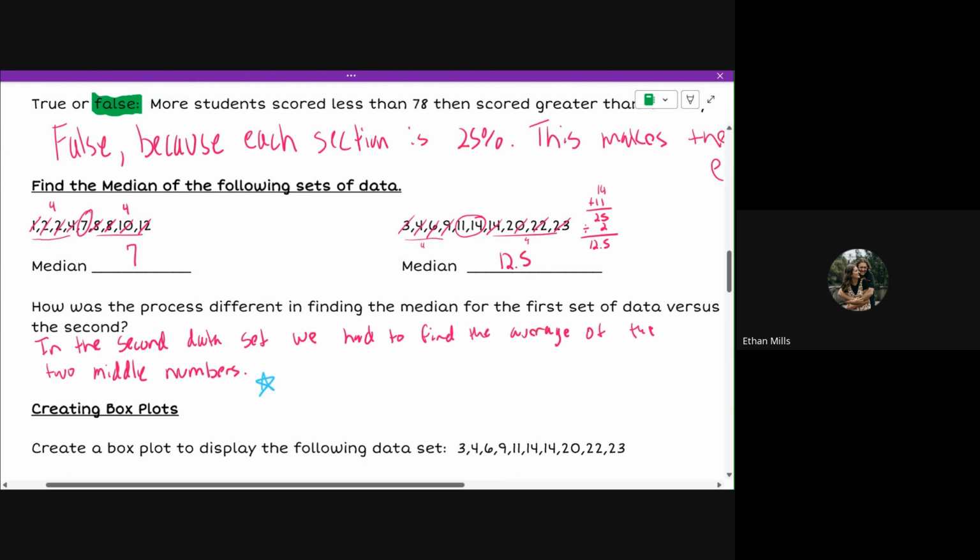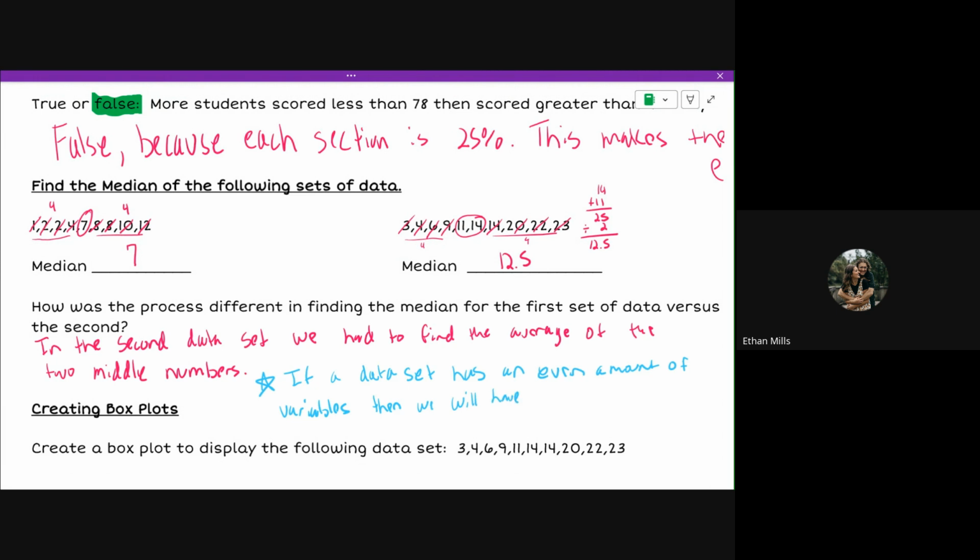Okay, but remember, if a data set has an even amount of variables, then we will have to take the average of the middle 2 numbers.